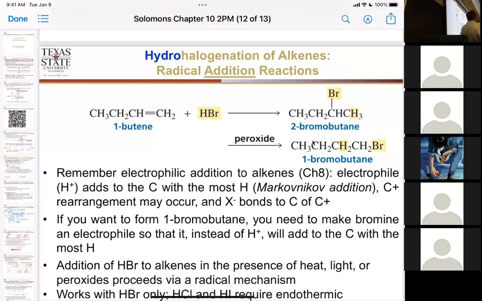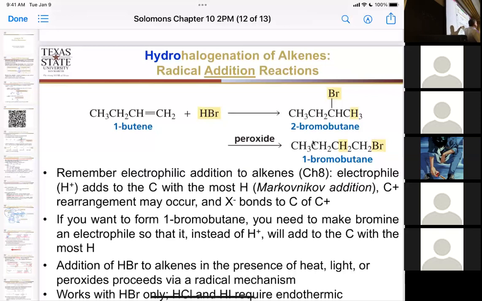However, if we add peroxide as our initiating agent, we can make the reaction go backwards.